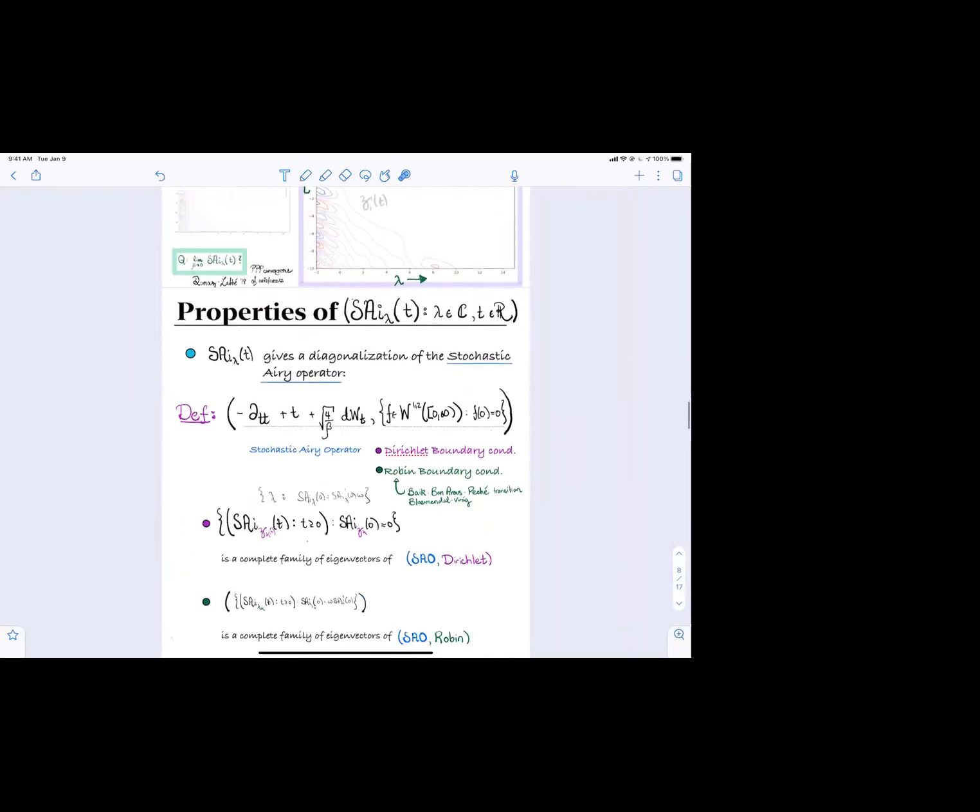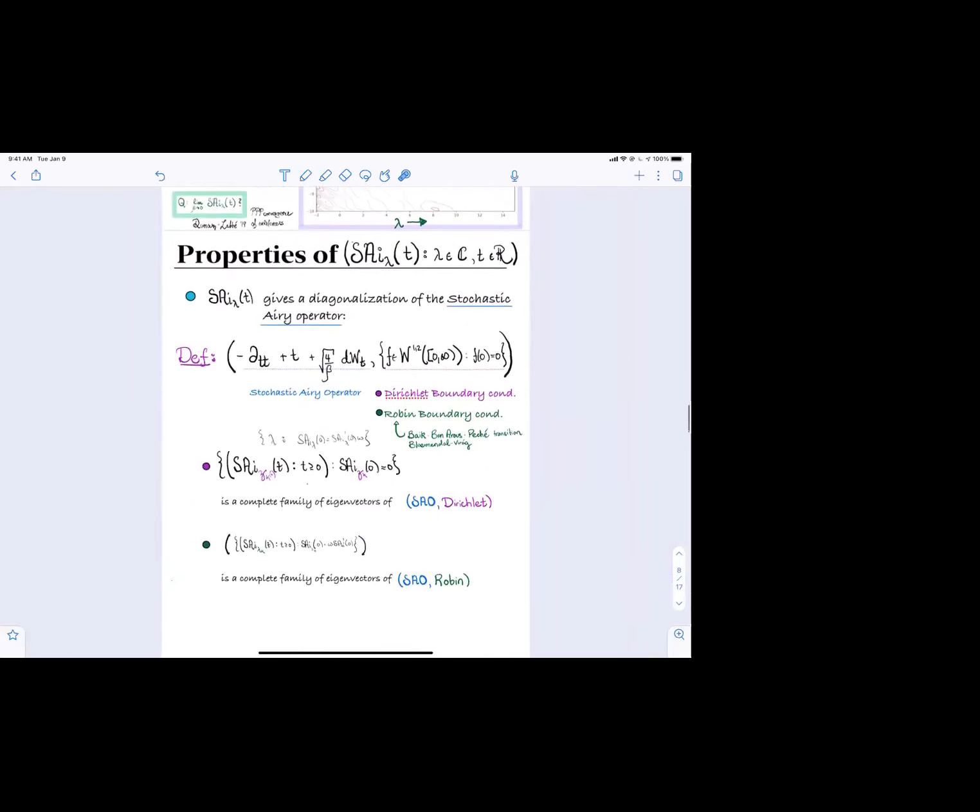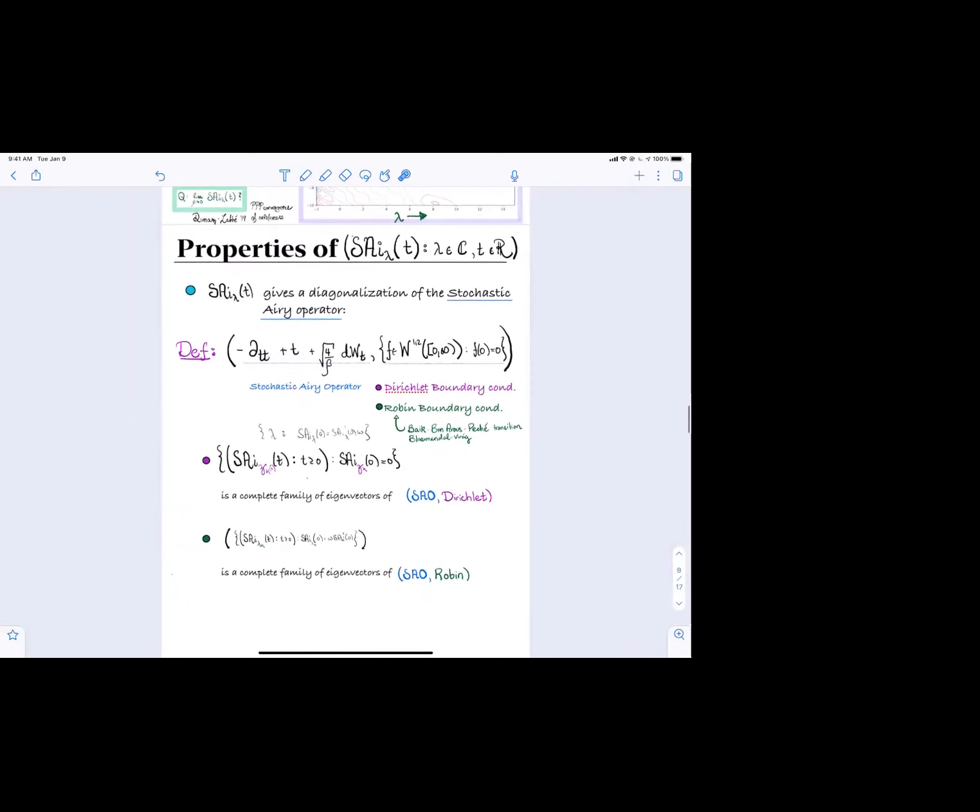I think I'll probably skip this one. I'll just say briefly what's on the slide and then skip it. The stochastic Airy function gives a way of diagonalizing what's called the stochastic Airy operator. The stochastic Airy operator is a boundary value operator. So there's a stochastic differential operator and boundary values, which allow you to define the Airy point process. This is the way it was defined in the past.